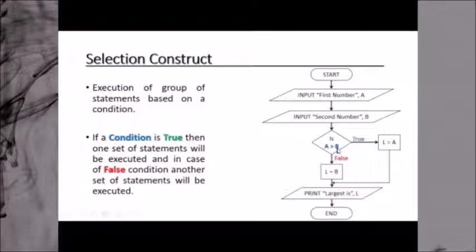If A is greater than B, it means A is the largest, so L becomes A. But if it is false, L becomes B. Then from both paths we come to this place, which is print largest is L. Note that it seems to be closed, but this is not a loop. Here you are moving in this direction, and here in this direction, so it is not a loop.